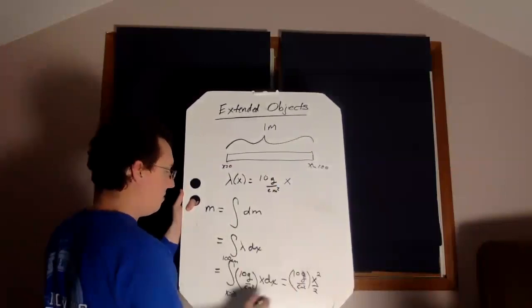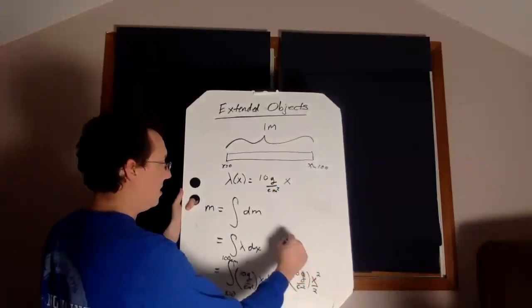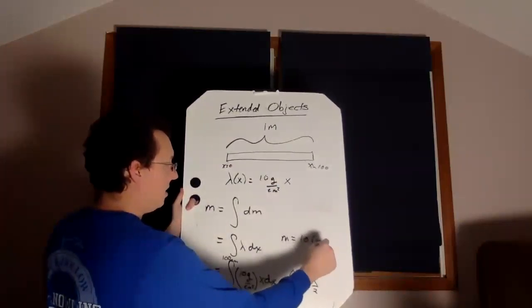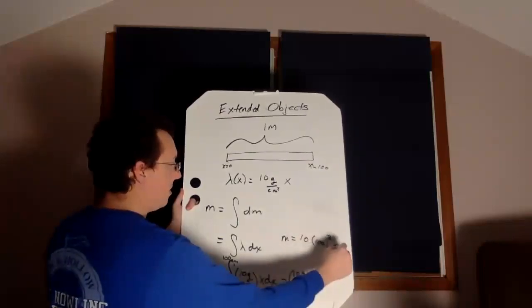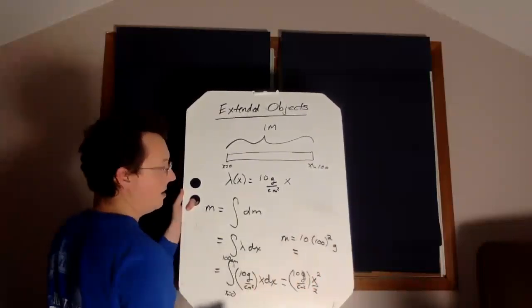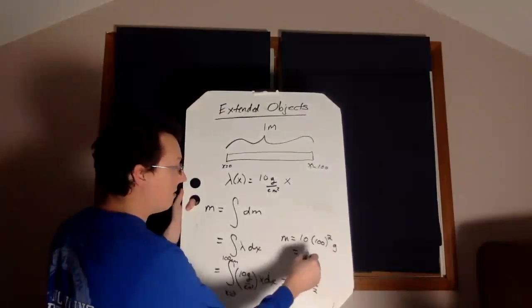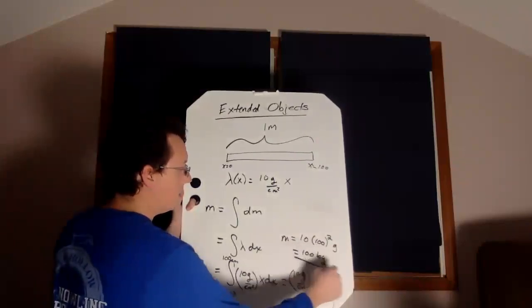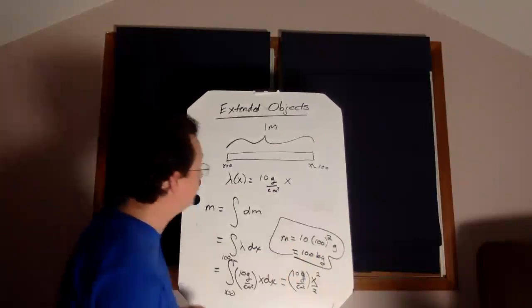So when I plug in x equals 100 minus what I get when I plug in x equals 0, I'm going to get the mass equals 10 times 100 squared, and it'll come out in grams. So 100 squared is 10,000. So I'm going to have 100,000 grams. It's going to be 100 kilograms. Hopefully I did all that right in my head.